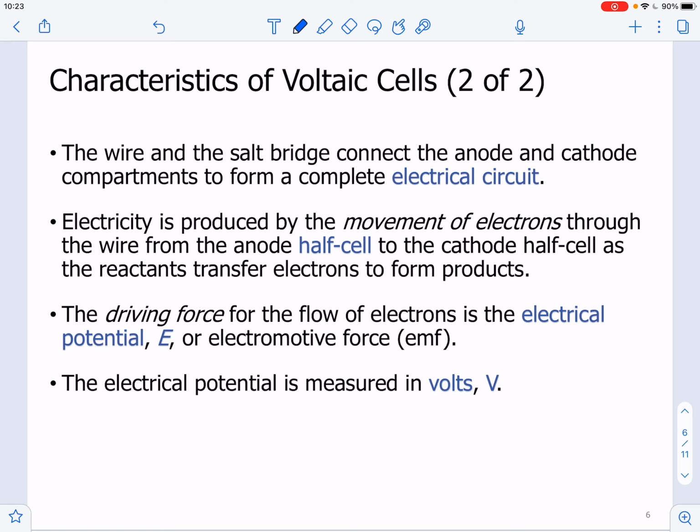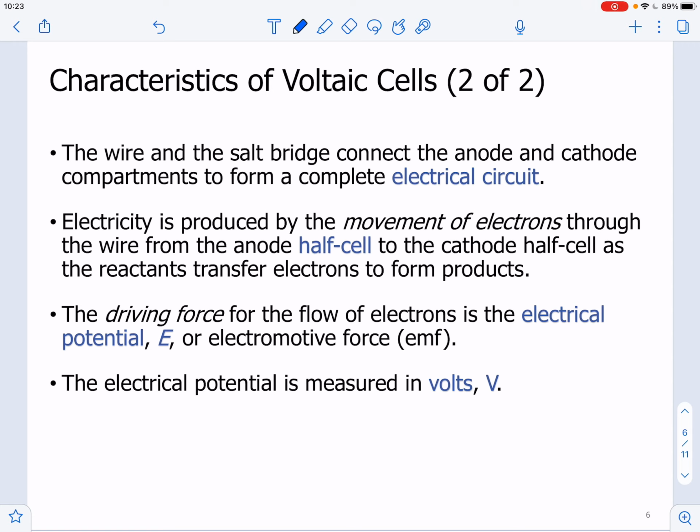If one of those is missing, then nothing is going to happen, because there is not a flow of electrons if there is no wire, or not a flow of ions if you don't have the salt bridge. In either case, the flow of electric charge is going to be interrupted, and therefore nothing is going to happen. The wire allows the flow of electrons, and the salt bridge allows the flow of ions, charged particles anyway.